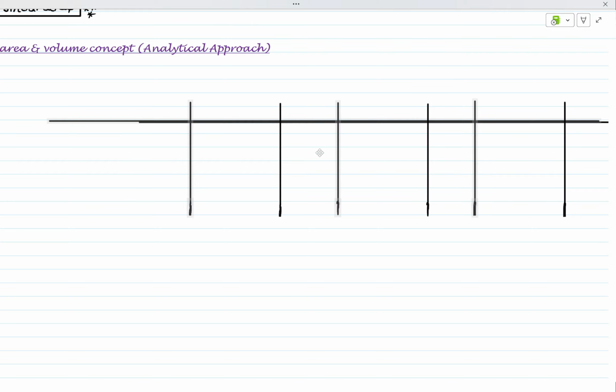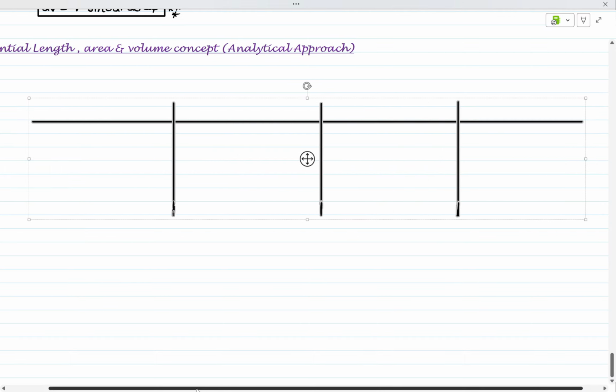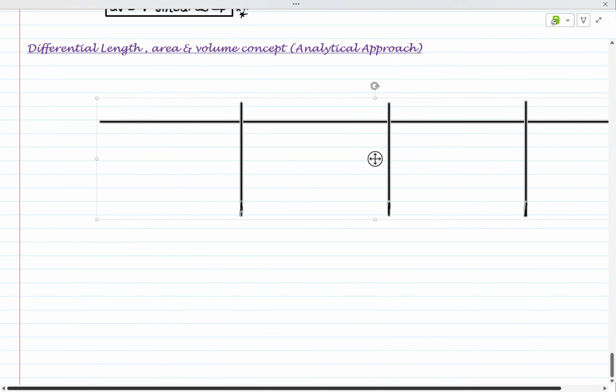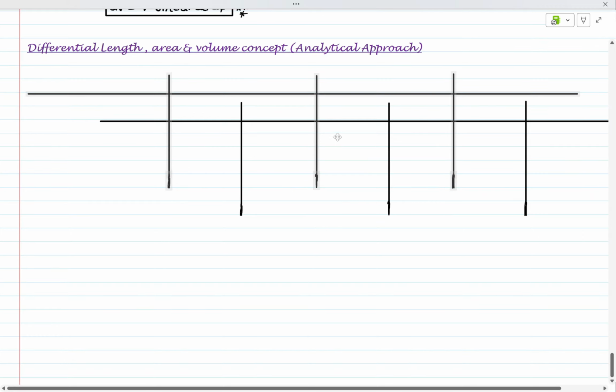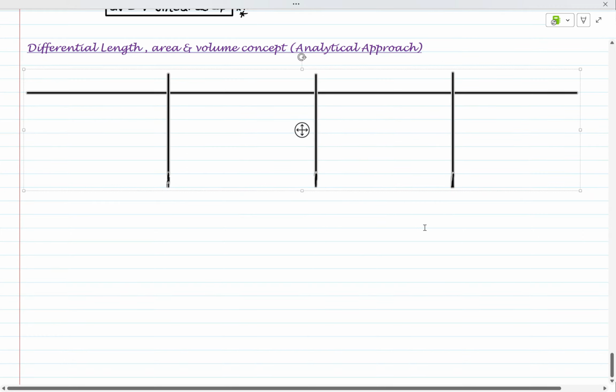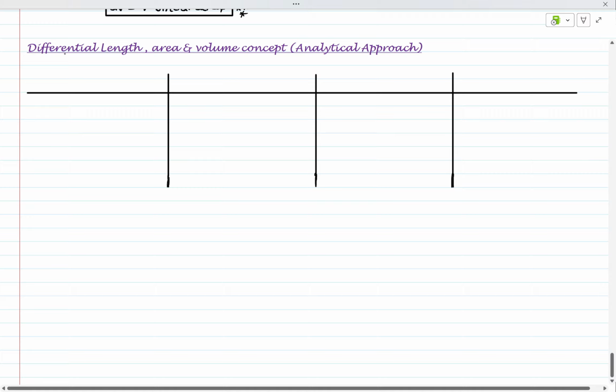Okay, let me draw this table first, because this table is actually the trick. The main trick is nothing but this table. In the first column, I will write the name of the coordinate system.